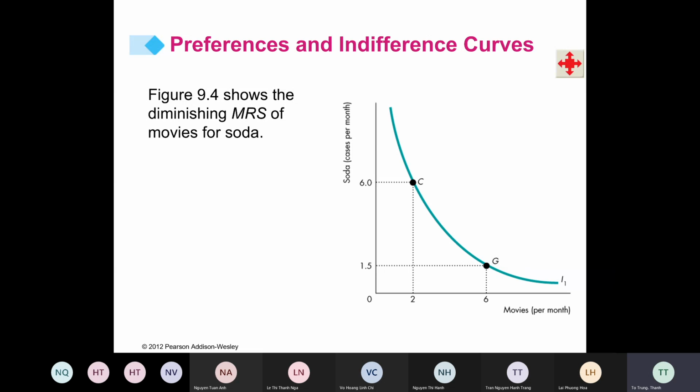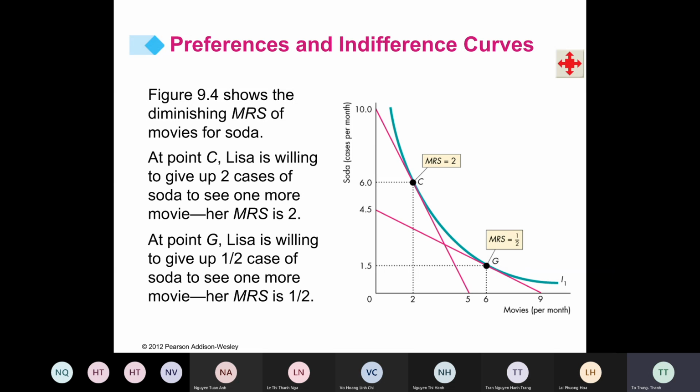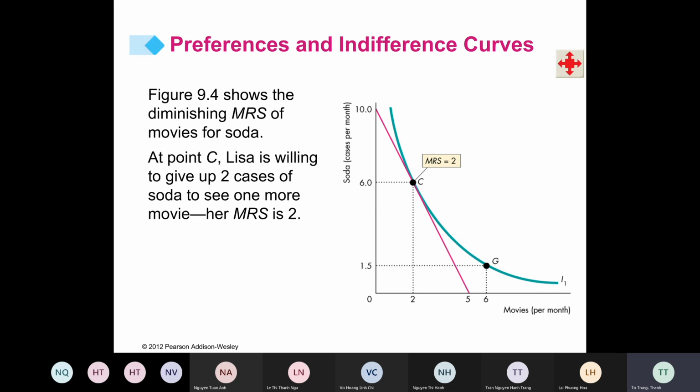All right. Now when we talk about the slope at point C, we draw a tangent line, a straight line which is tangent to the indifference curve at point C, right? And you see this red line, where you can see that MRS equals 2. And at point G, the rate of substitution is different.